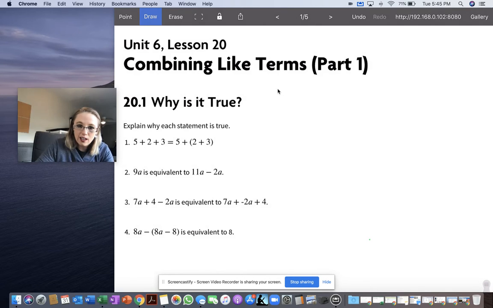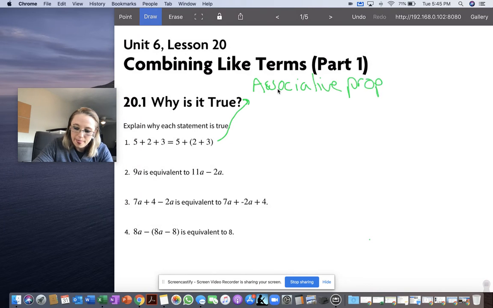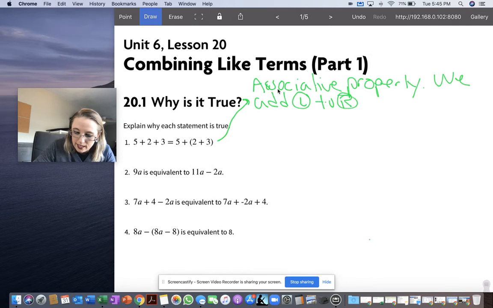So we'll come up here. This is the associative property. So we know we usually add left to right. So 5 plus 2 would be first. Okay.